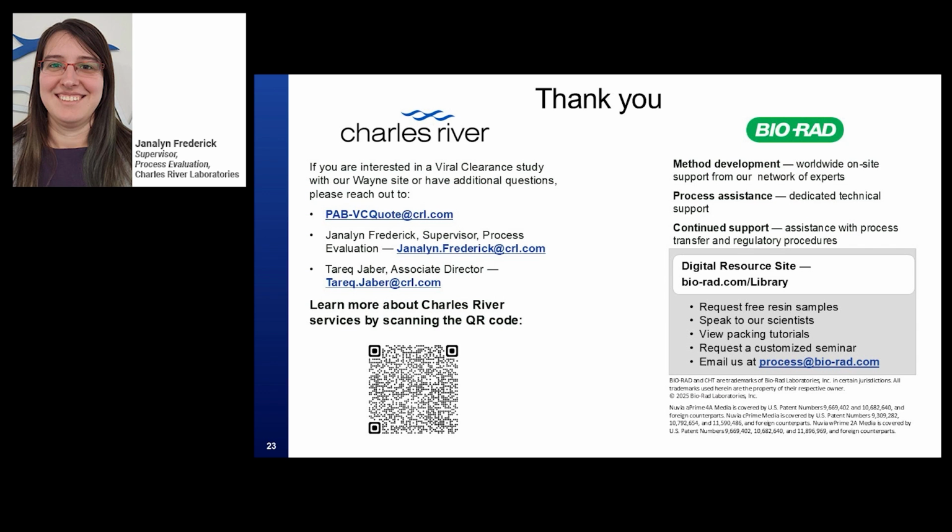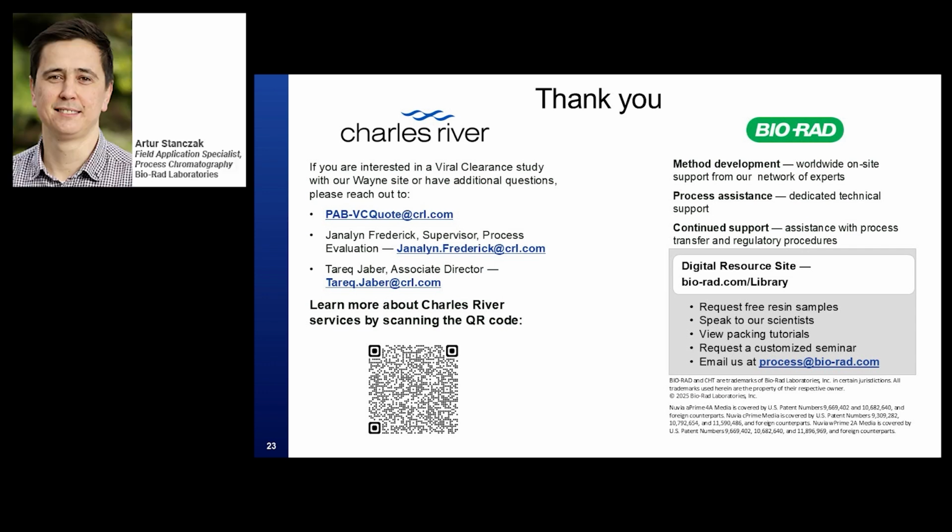What are the critical parameters that must be considered for setting up good viral clearance studies? That's a very good question. In principle, critical parameters for virus clearance studies should be based on process development data and risk assessment. However, to some extent, they can be generalized. As we've seen, Nuvia Wprime 2A can be used in both flow-through and bind and elute modes.